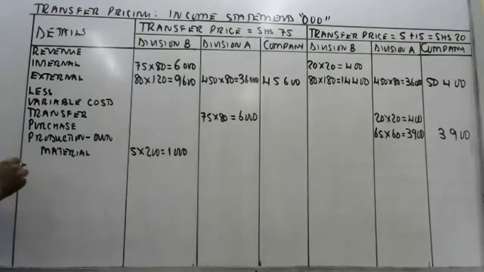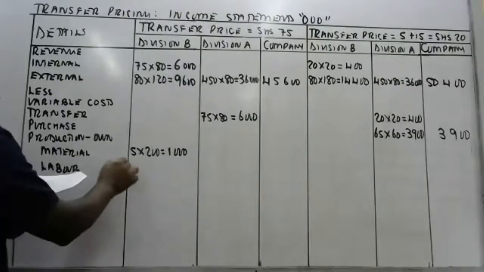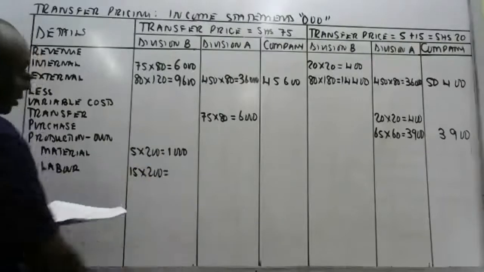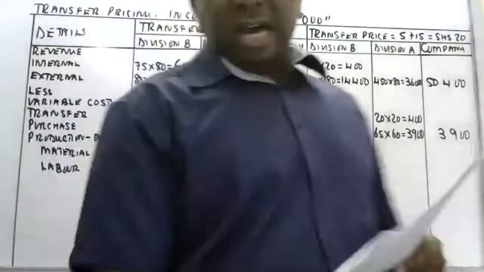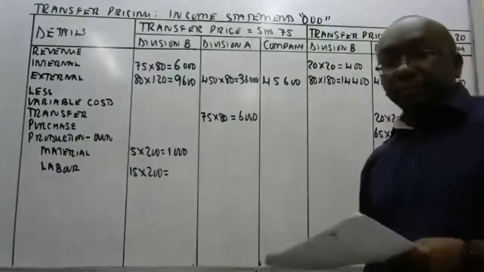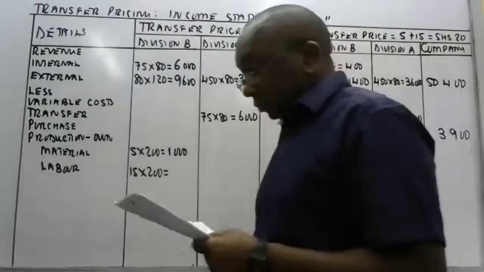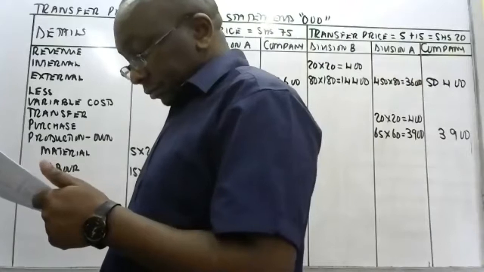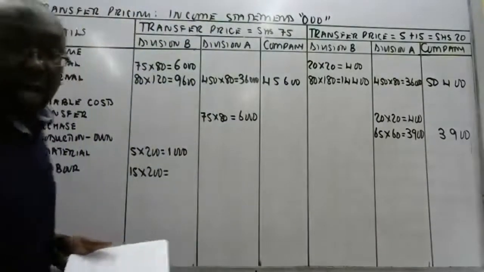Then there is also labor. Labor is 15 times 200. That is 3,000.